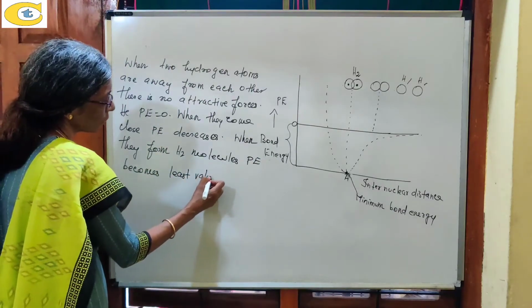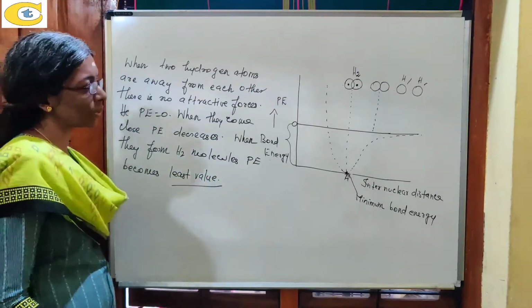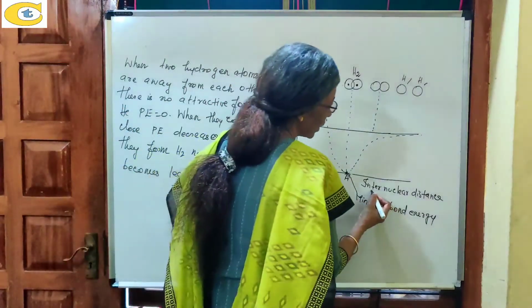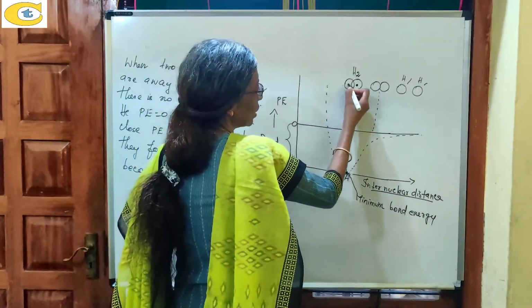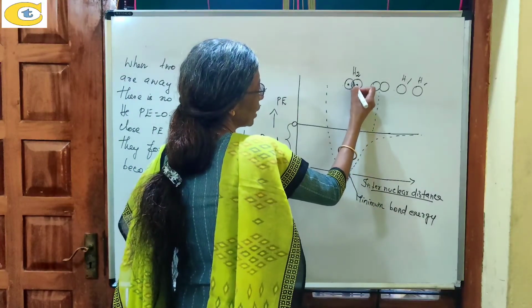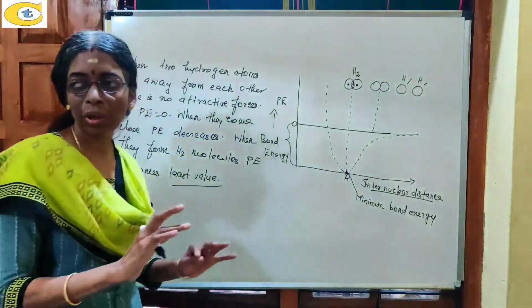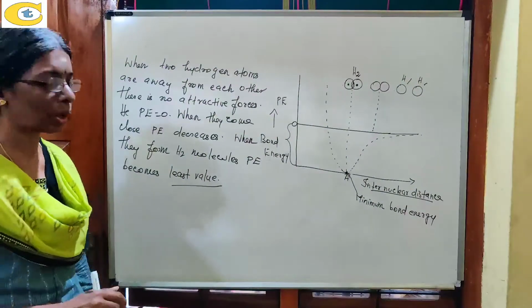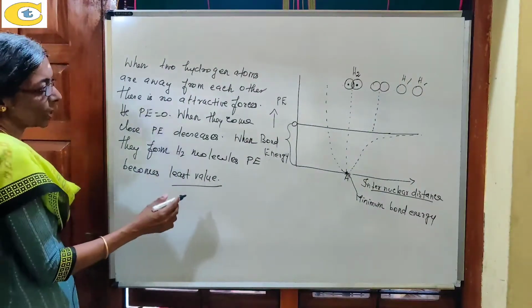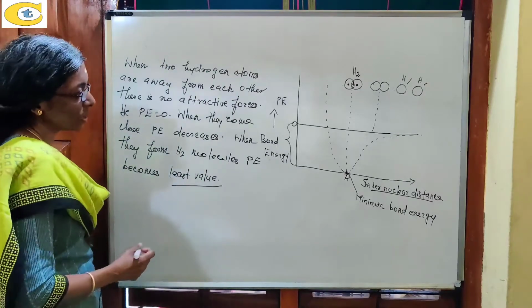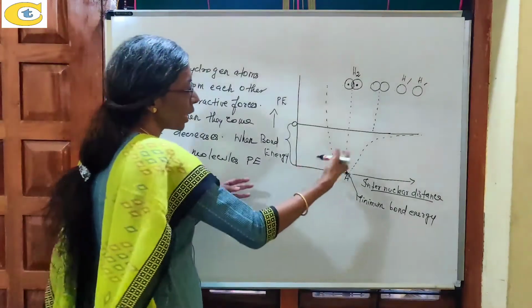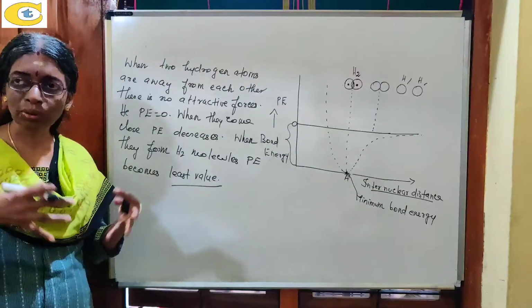Here you see this is internuclear distance, this axis, here potential energy. This is nucleus. This area is overlapping of atomic orbitals. Here they become the least value.